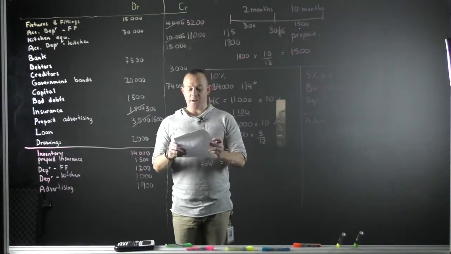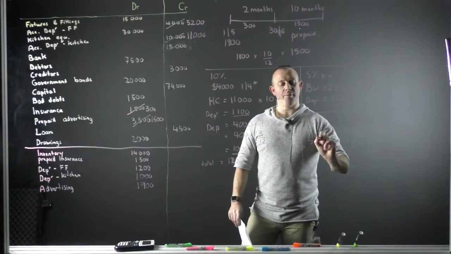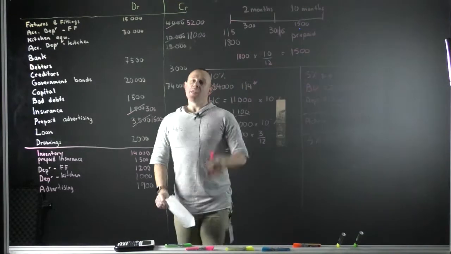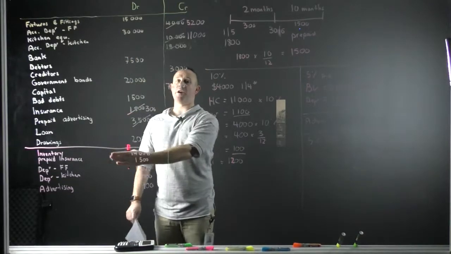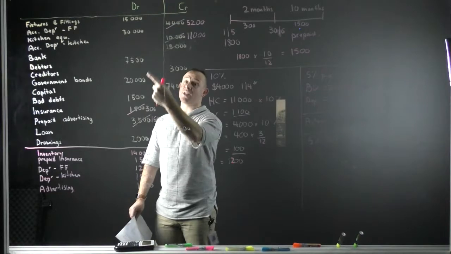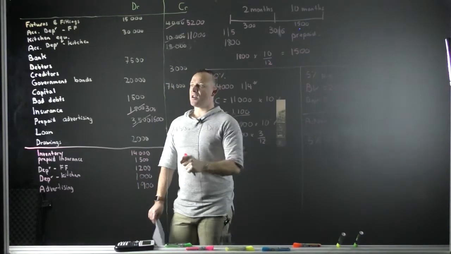An allowance for doubtful debt is 5%. So we want an allowance for doubtful debts of 5%. You always have to remember to look, do we have an allowance account first? If we do, we must transfer the bad debts to the account before doing this transaction. In this case, we do not have an allowance.